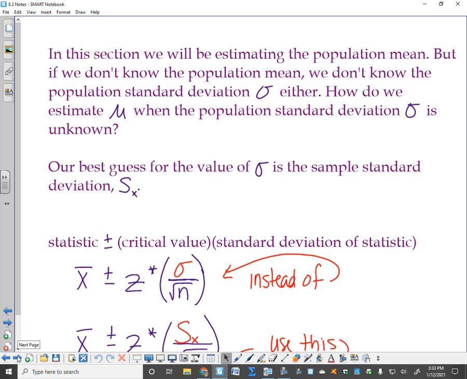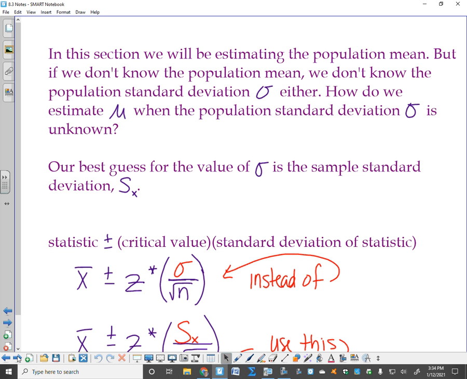Okay. In this section, we will be estimating the population mean. But if we don't know the population mean, then we don't know the population standard deviation either. So how do we estimate mu when sigma is unknown?